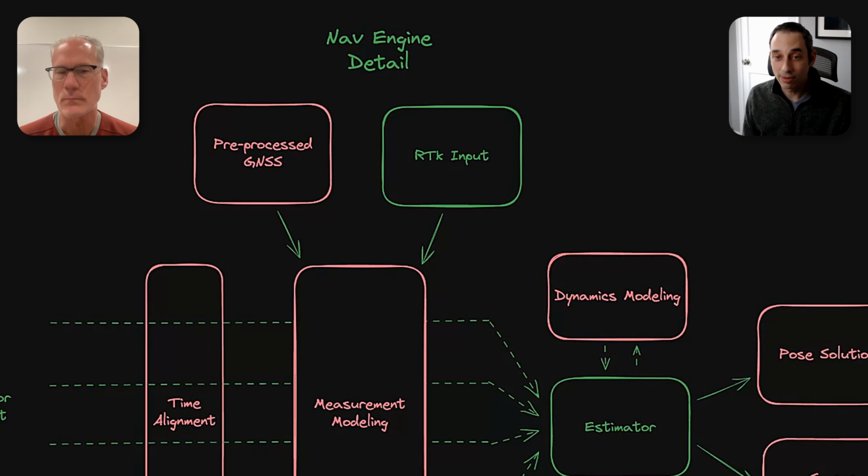GNSS, for many, many reasons, is affected by a lot of different kinds of error. And they have different characteristics, and some are big, some are small. But what you get is a handful of measurements that are all wrong by some amount. And so this RTK input basically, roughly provides you a picture of those same measurements from somewhere else.